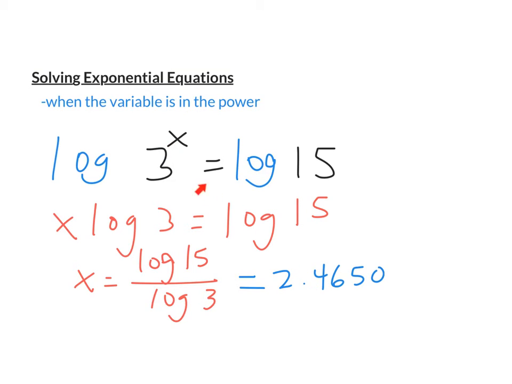If I take 3 to the 2.4649 something power, then that will equal 15. This is an approximation. Whenever we're dealing with logarithms, we round to 4 places. Any questions on that?